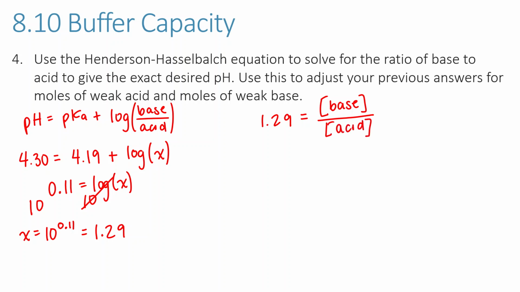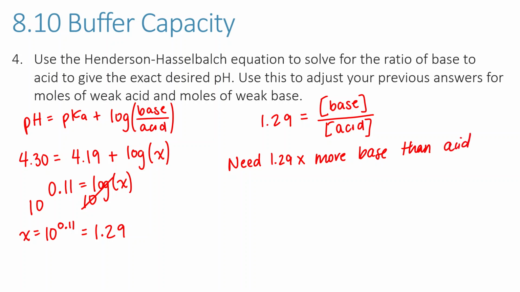So this is just telling me that the concentration of base needs to be 1.29 times the concentration of acid. So from our previous calculations, we need 1.29 times more base than acid.